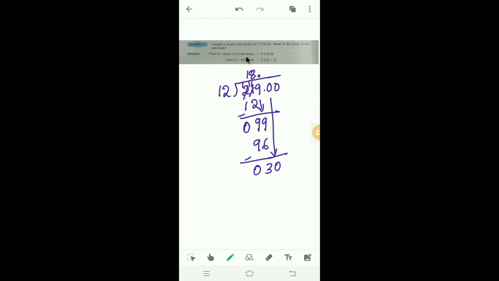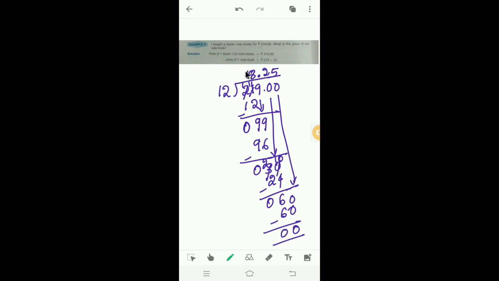Next 12 2s are 24. 0 minus 4 is not possible, so we have to borrow from 3, then 3 becomes 2, and here 0 becomes 10. 10 minus 4 is 6. 2 minus 2 is 0. Next we have to take 0 down. 12 5s are 60. 0 minus 0 is 0. 6 minus 6 is 0.